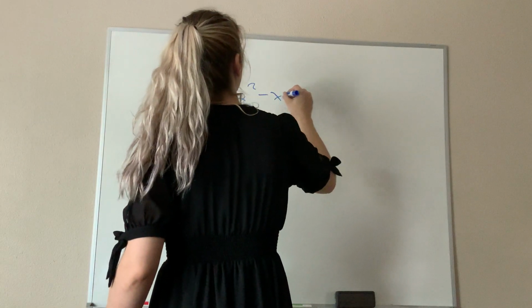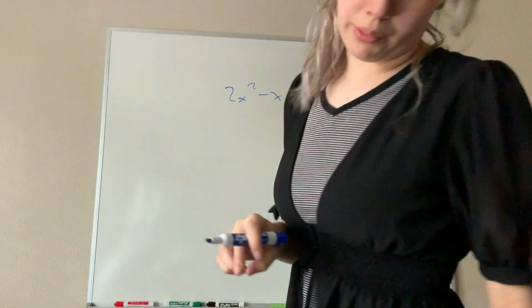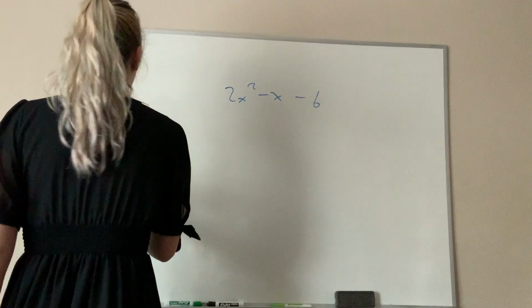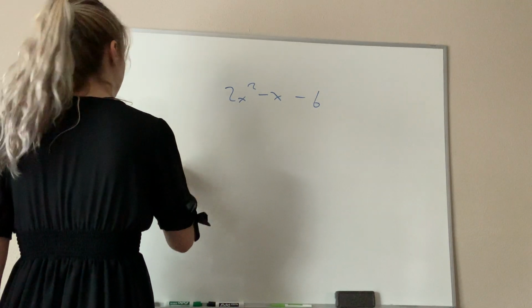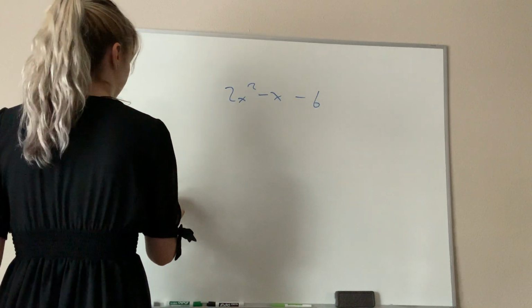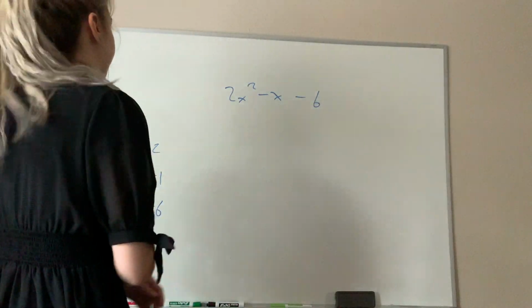So we're going to do 2x squared minus x minus 6. And we're going to do the same thing again. A, B, C. A is 2, B is -1, C is -6. Let me see if I copied that down correctly. Yes, I did. Okay.